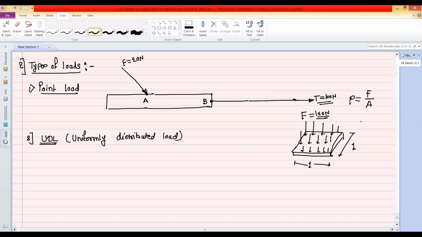Okay. So unit area means what? It is 1 meter by 1 meter. So it will be 1 meter square. So force is 100 Newton, area is 1. So in this case, we can say 100 Newton per meter square.